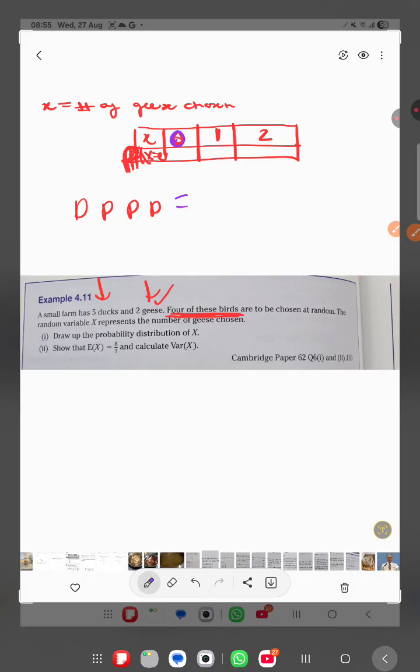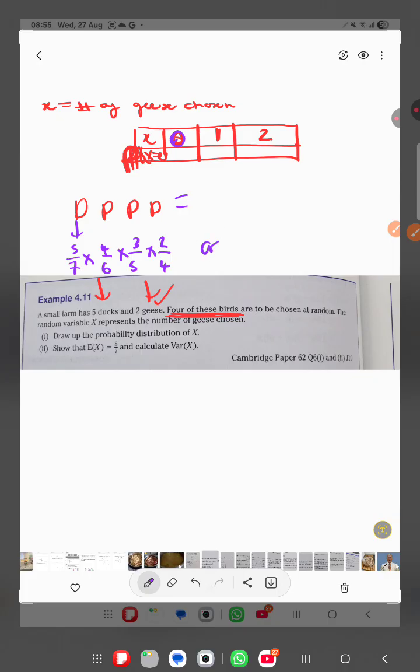That is, probability-wise, I could do duck, duck, duck, duck. First duck is 5 out of 7, right? Times 4 out of 6 times 3 out of 5 times 2 out of 4, right? That's one way of doing it.